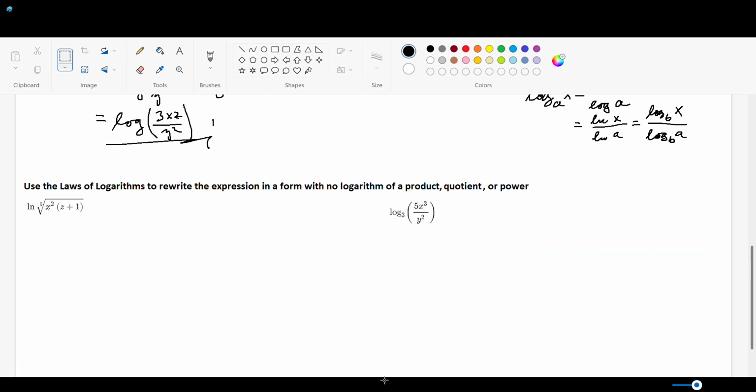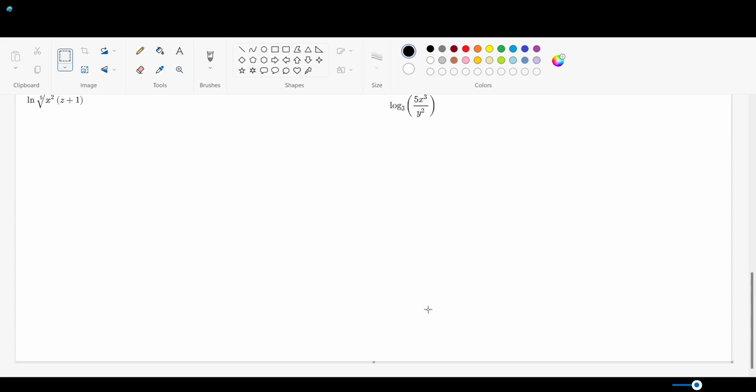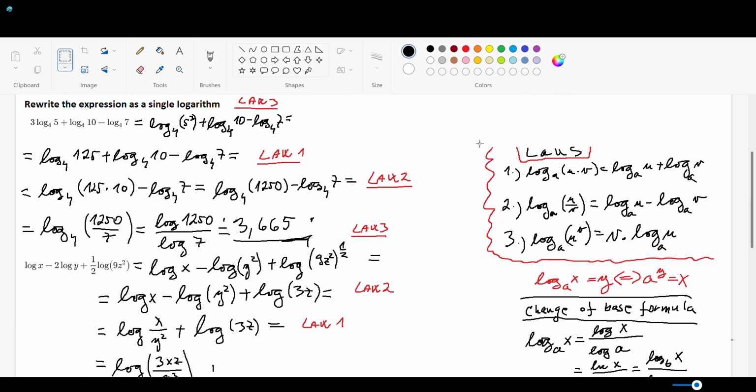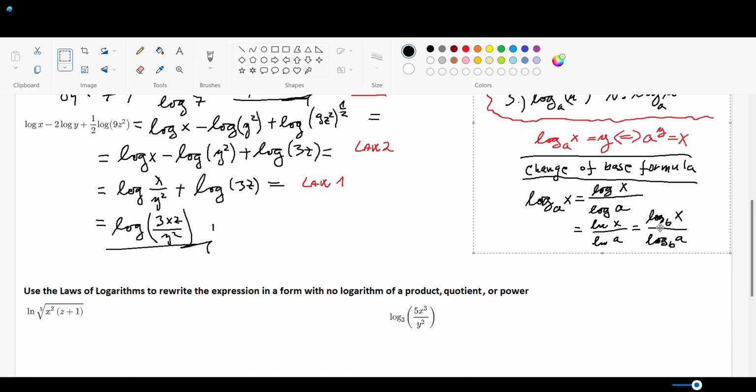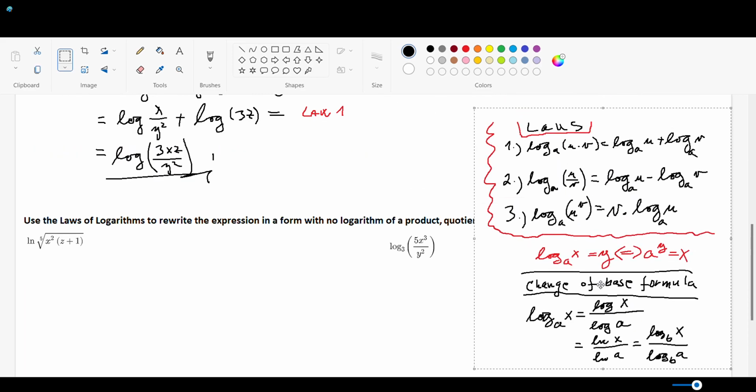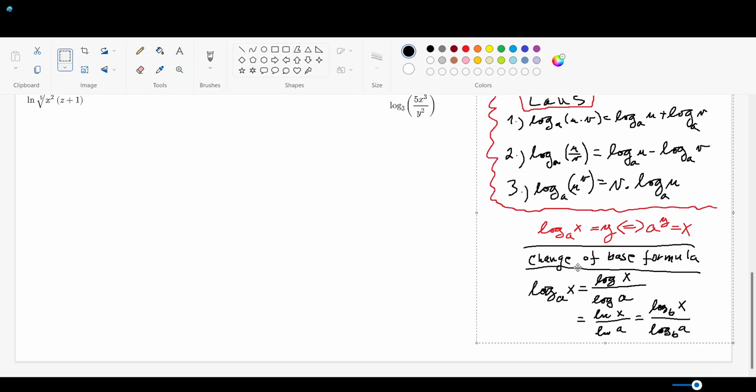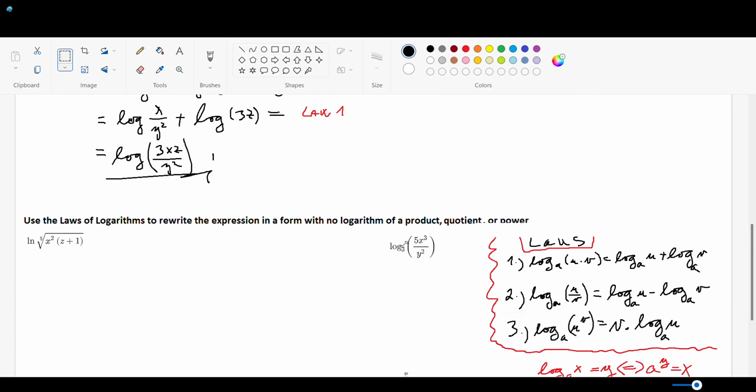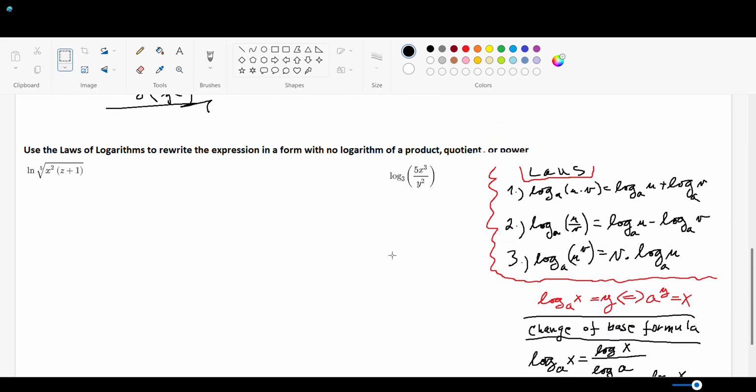So let's make some more space here. So we have all our laws here, and we can simply start solving our task.